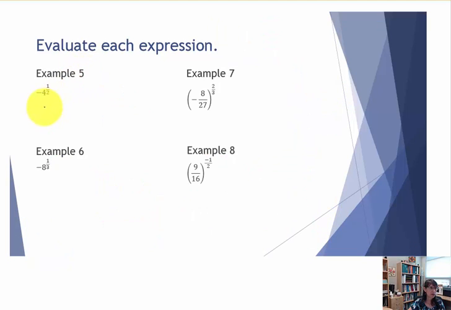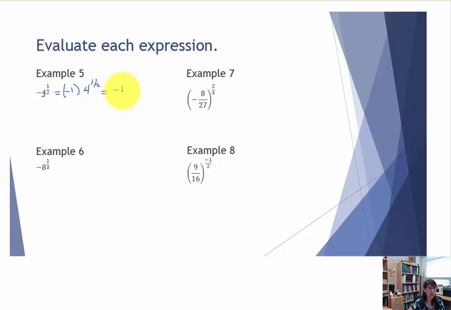With example 5, we have a negative 4 raised to the power of 1/2. The first thing you need to ask yourself is what is being raised to the power? And that is only the base of 4, not negative 4. There's no parenthesis to include that negative. So this is negative 1 multiplied by 4 to the half.